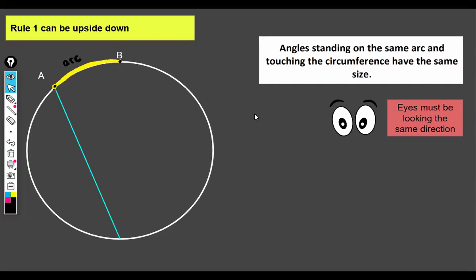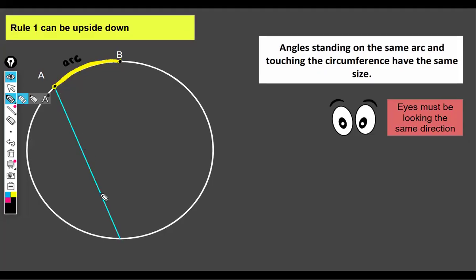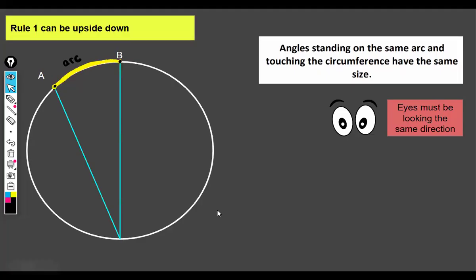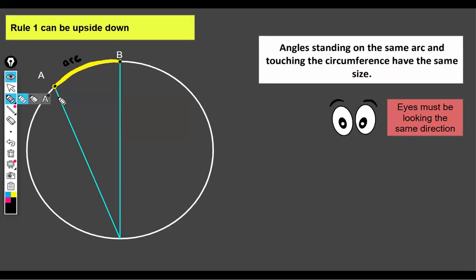Starting at A, the blue line hits the circumference, and it's going to bounce back to the end of the arc, point B. Everyone do that for me. At point A, let the line hit the circumference and bounce back to point B.